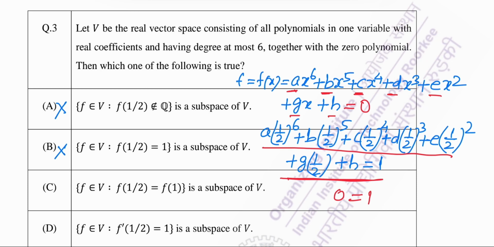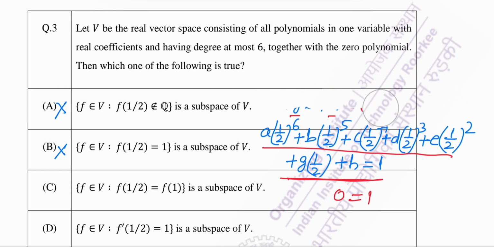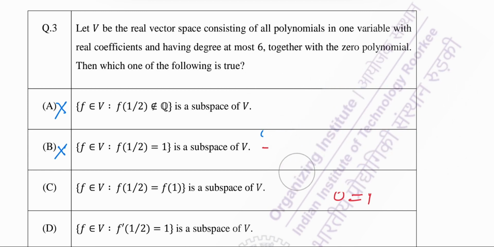So now we check for C. Let us check C. For the same, I take the same again. Here in C you also see F. You see F again here. In all there is a symbol F. So I take the same.